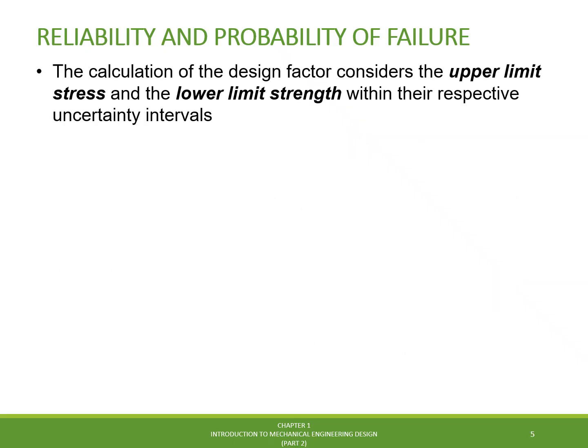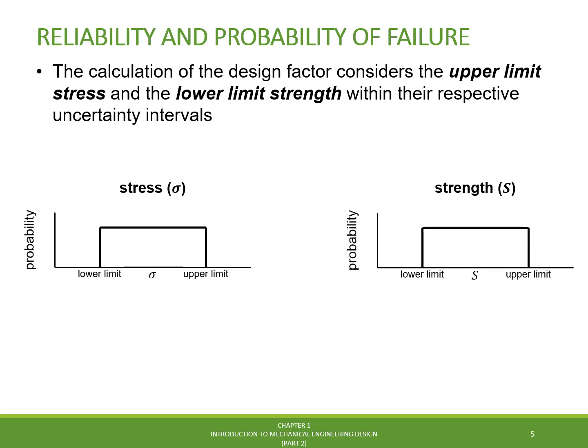Now that we have properly defined reliability, let's see how it can be used for the calculation of the design factor. If you remember from part 1, we did some calculations of the design factor considering both the upper and lower limits of stress applied to the part and the strength of the material of the mechanical component.